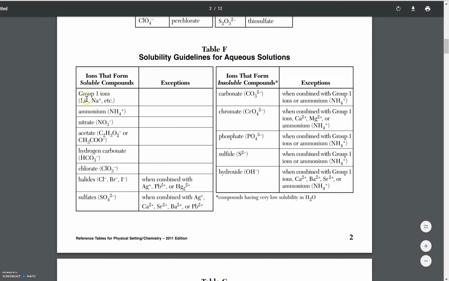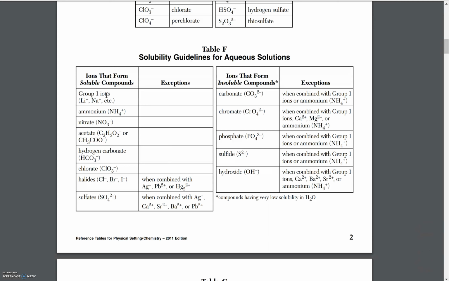So anything in that first column in the periodic table, that's going to be soluble in water. Ammonium, soluble in water, NH4. Nitrates, NO3 with a negative charge, soluble in water. Acetate, soluble in water. Hydrogen carbonate, soluble in water. And chlorate, soluble in water with basically no exceptions.